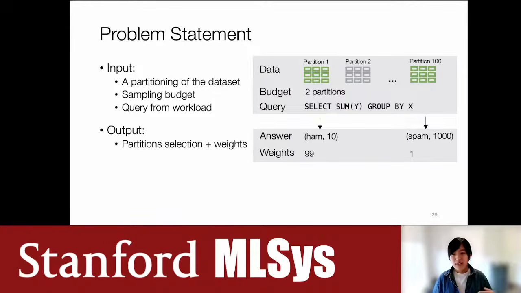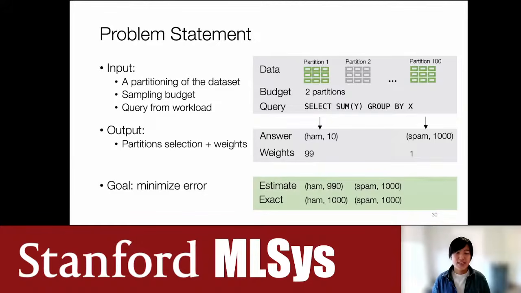Combined with the weights assigned to the answers, we'll have a final estimate for this query. And the goal is to select partitions and weights so that the error for the estimate is as small as possible. And in this example, this estimate has a 1% relative error in estimating the aggregates for the ham group.